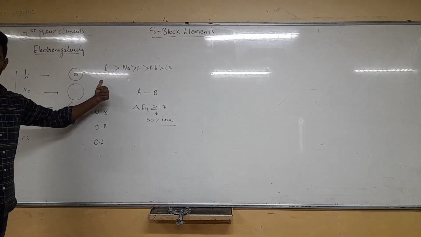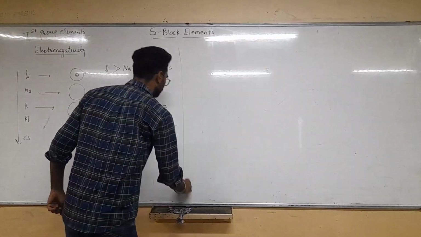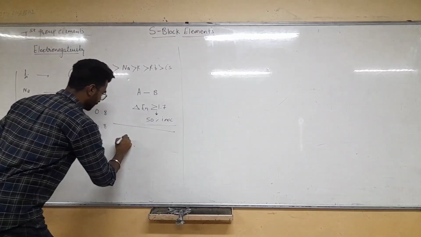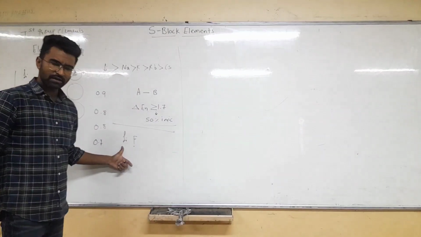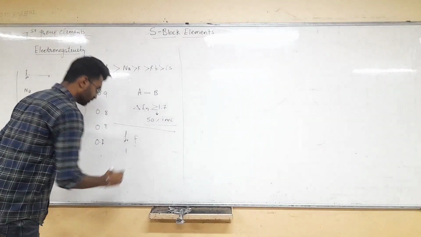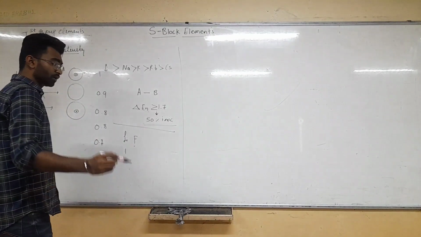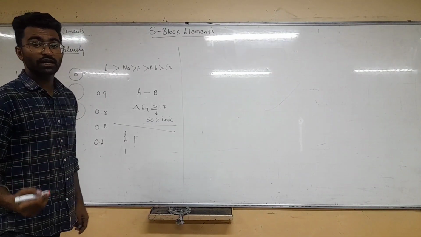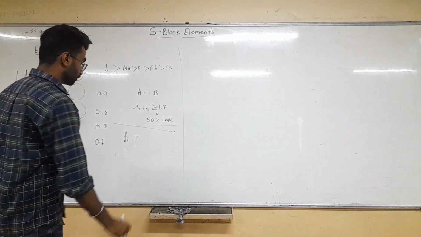Lithium has an electronegativity of 1. Take the bond in LiF. As we know, lithium has an electronegativity of 1, and fluorine has the highest electronegativity in the periodic table. What is the value of electronegativity of fluorine? It is 4, the maximum value.